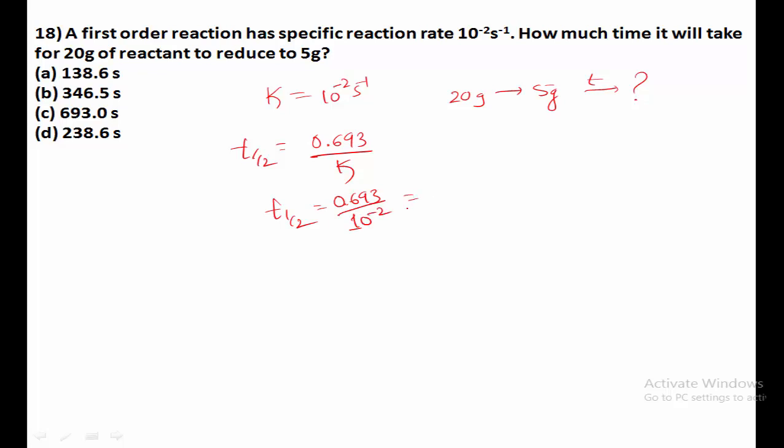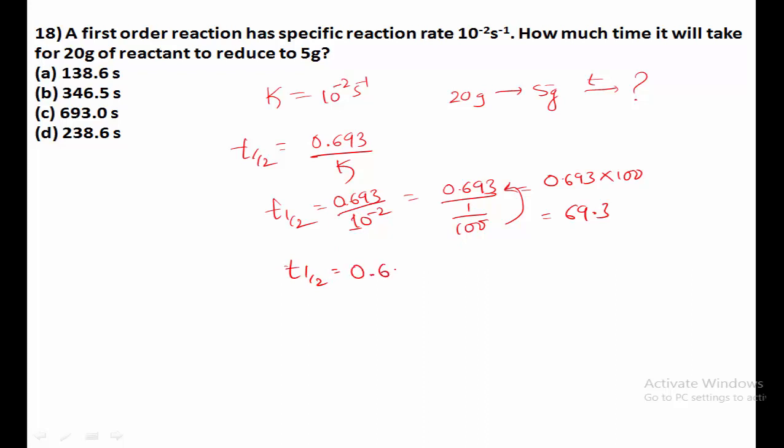So 10 raised to minus 2 means 0.693 divided by 1 by 100. So 0.693 into 100, how much will you get? 69.3. This is the T half.